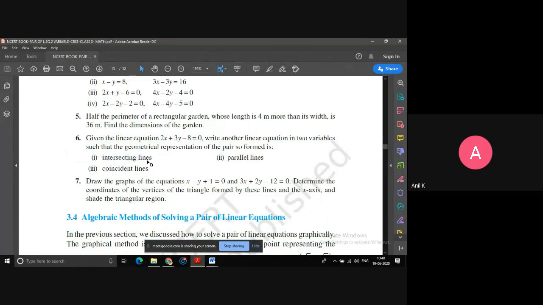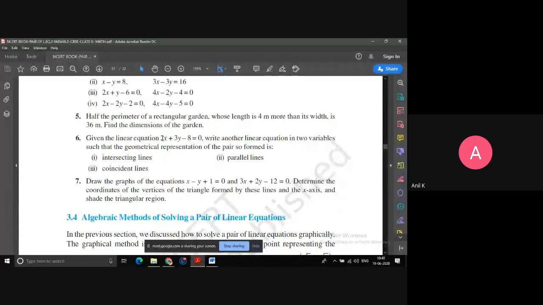So what is the condition for intersecting? A1 upon A2 and B1 upon B2 are not equal. Here A1 is 2. Let me take A2 as some 4x and B2 as some 9y. You just take any random equation and check whether the ratios are equal or not. Intersecting means the ratios should not be equal.